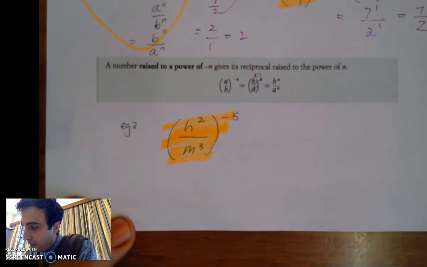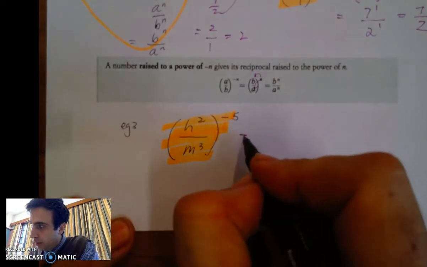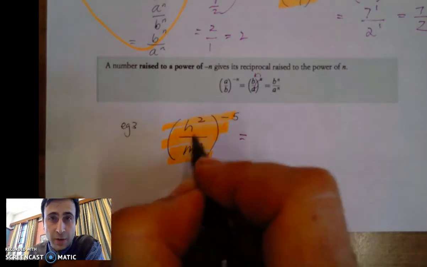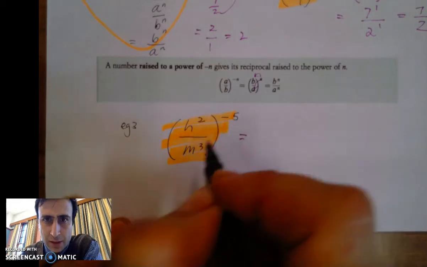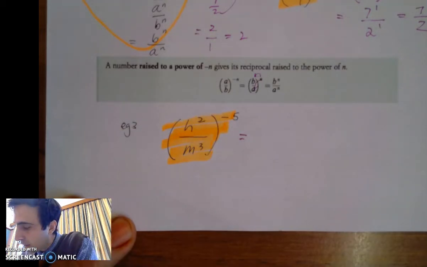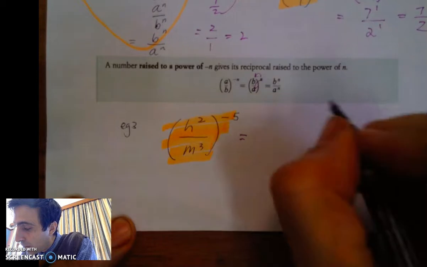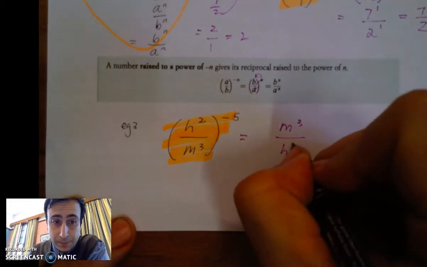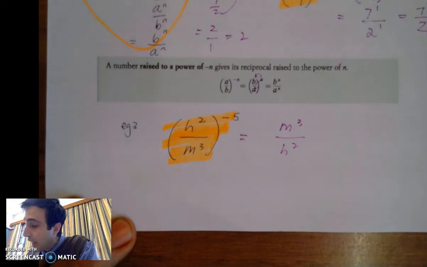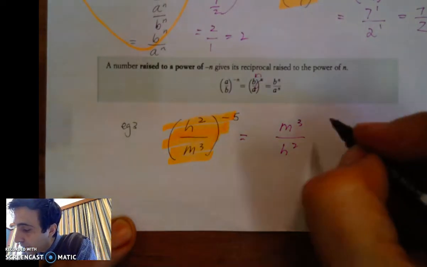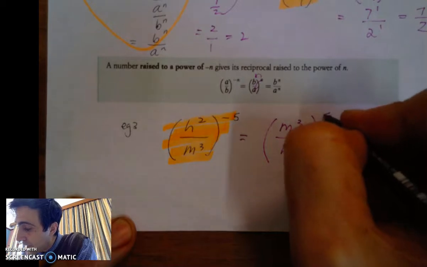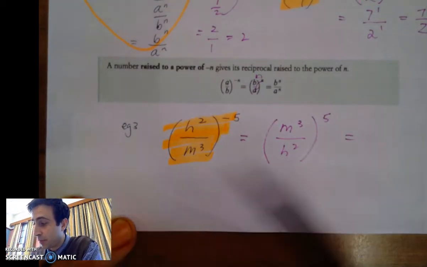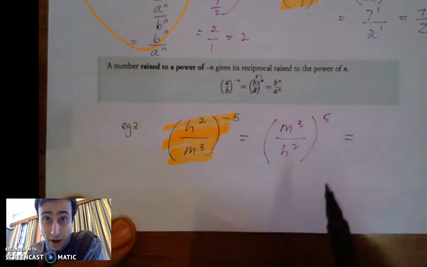But let's make it a little bit harder. So we go h squared over m cubed to the minus 5. Well, let's make it a positive index first. It ends up being m cubed over h squared, because we flip the fraction and then we make it positive. And now that we're dealing with brackets and a positive power, it becomes the power of a power rule.